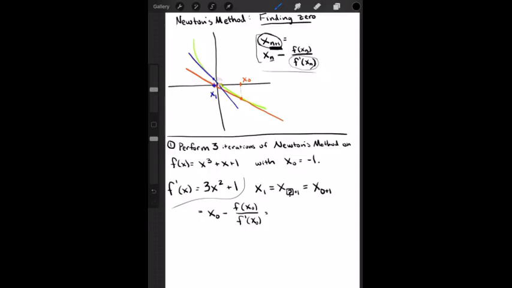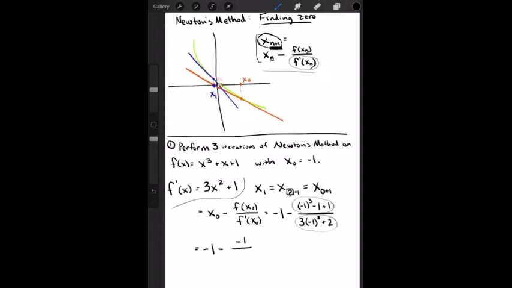Right, so we know that x sub 0 is negative 1. If we plug negative 1 in up top, and then plug it in down below, we get -1 minus, all this stuff up here just becomes -1.